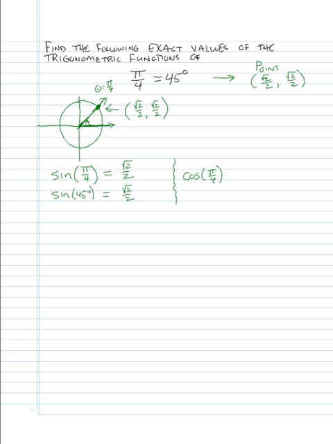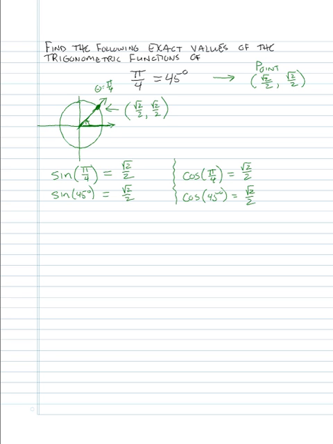We look at that point, we've got it above, and the cosine of that angle would be the first coordinate rather than the second coordinate. Well, the first coordinate happens to be the square root of 2 over 2. So likewise, the cosine of 45 degrees is the square root of 2 over 2.